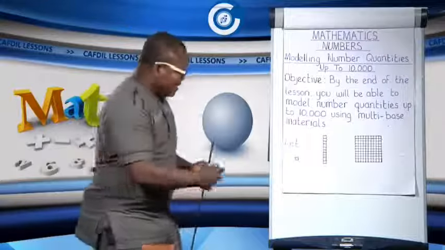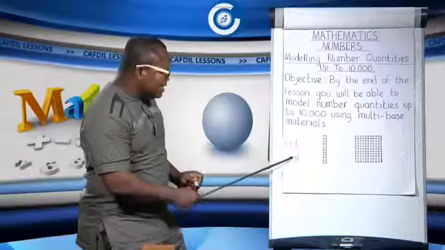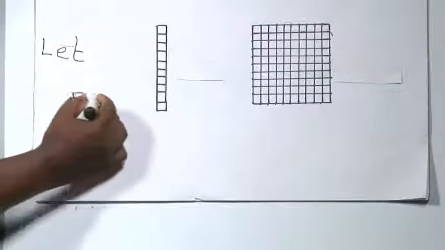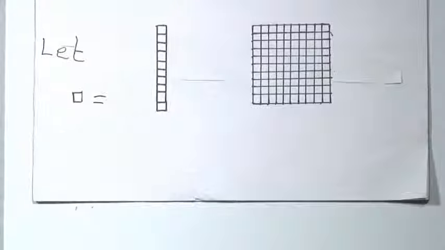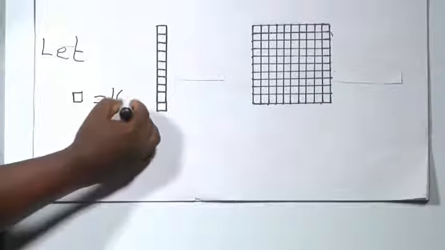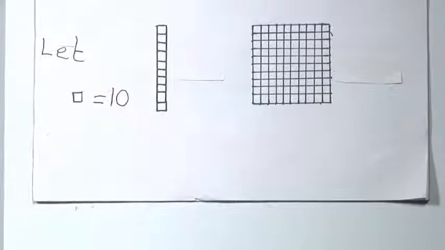Now let this cube be equal to 10. Now we want to represent this cube as 10. Or we want to make this cube to be 10. Let's come to this.